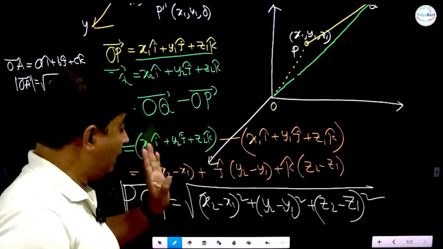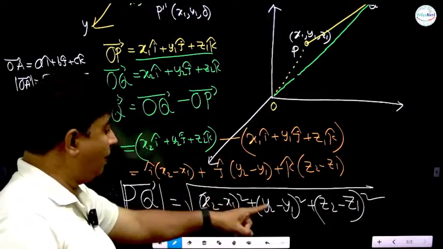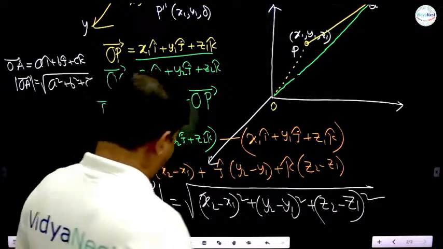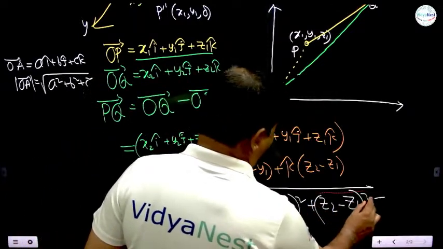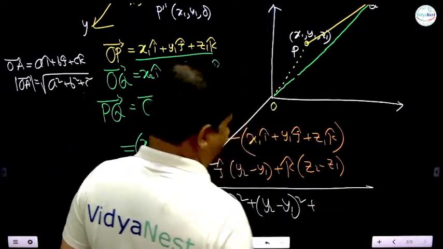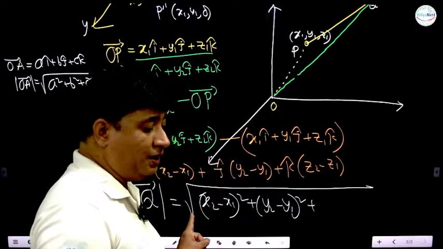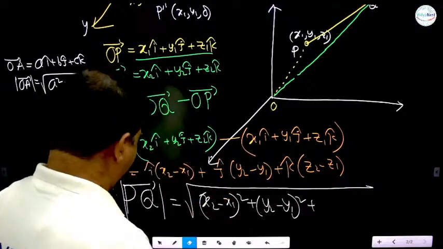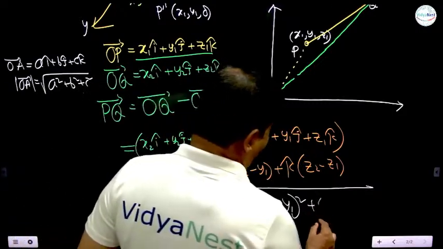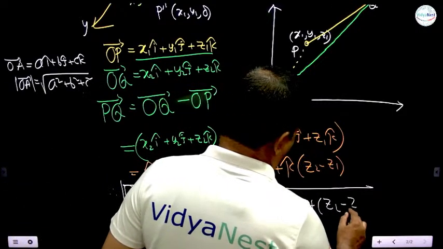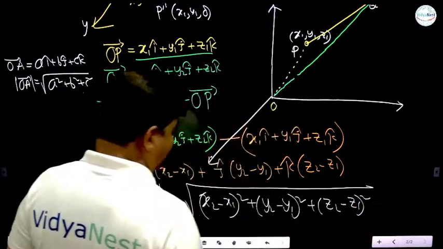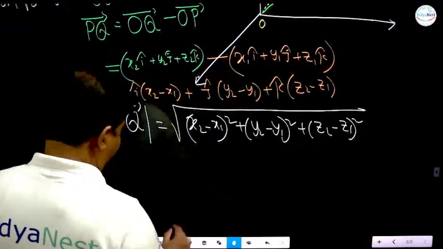So in 2D geometry, that reminds you what? If you consider 2D geometry, this is the distance between 2 points. Yes or no? Yes, sir. So the same thing is done here.